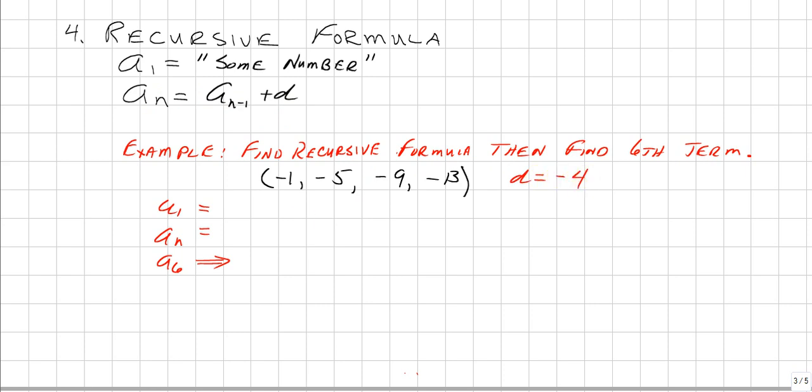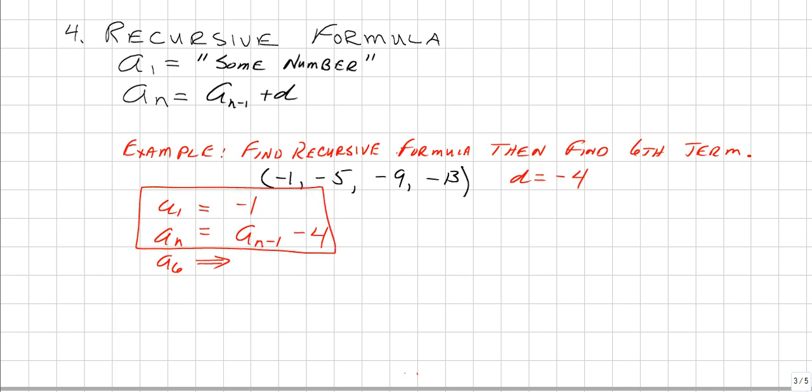I'm going to take a_1, which in this case is negative 1, so I'm listing it, and a_n equals a_(n-1) plus my common difference, negative 4, minus 4. So there's my recursive formula for this particular sequence.